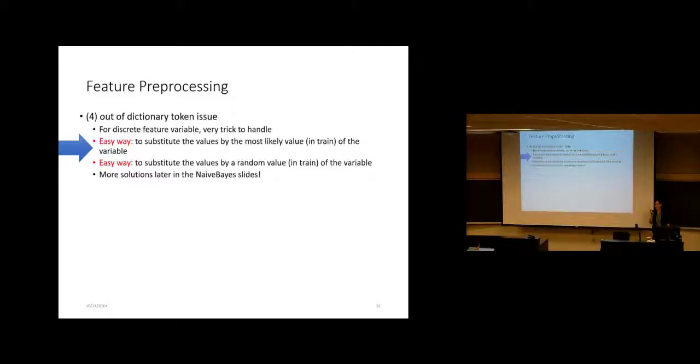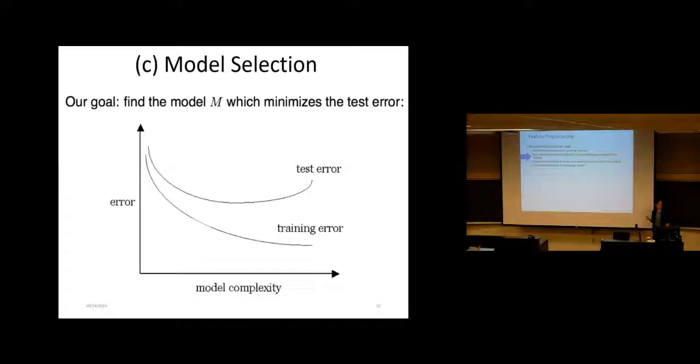This is also a classic case called out of vocabulary issues. It's very classic for natural language processing because there are a lot of rare words or new words. There's just no way your dictionary covers all the possible words.